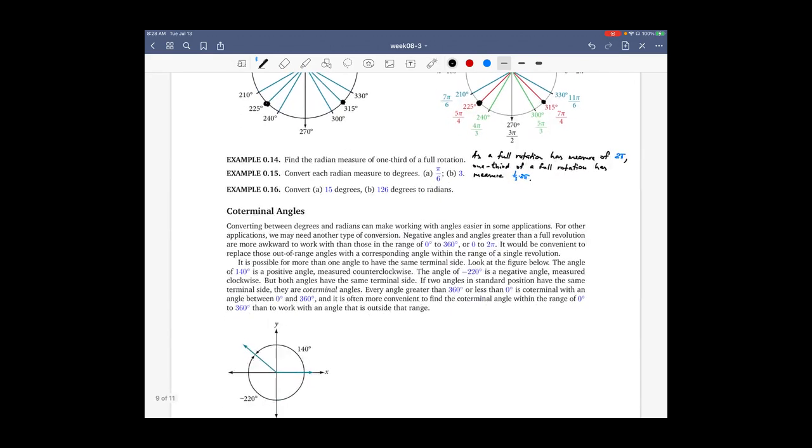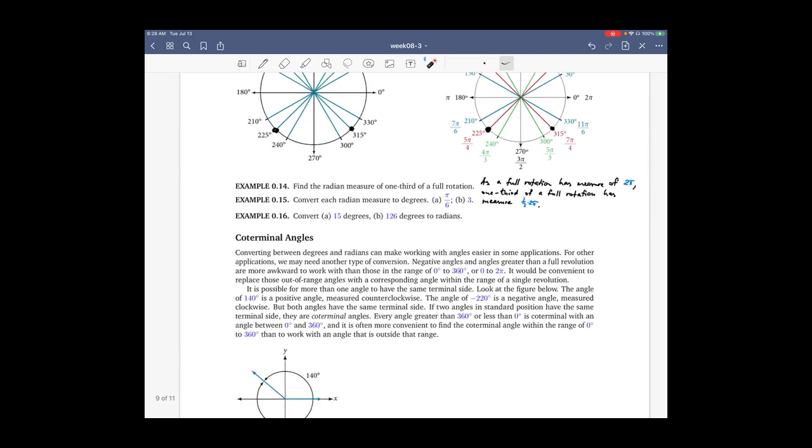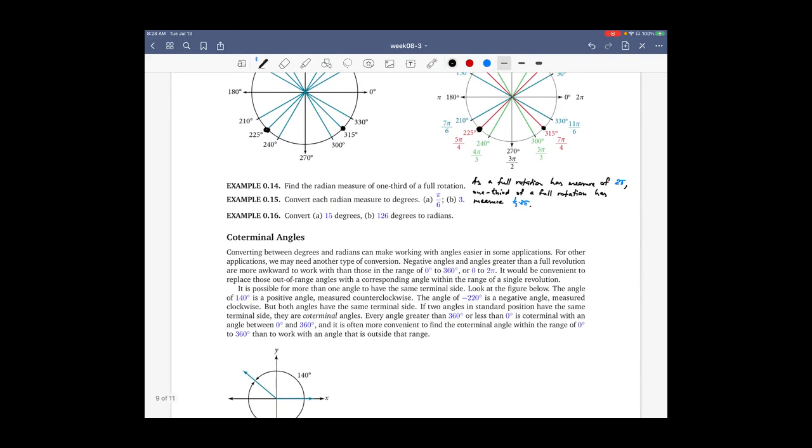Now, in the next example, we need to convert radian measures of these two angles, pi over 6 and 3 radians, into degrees. So, for instance, pi over 6.